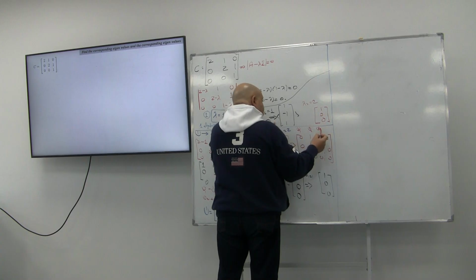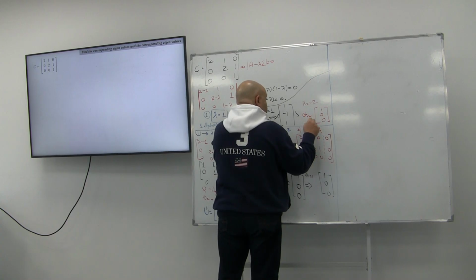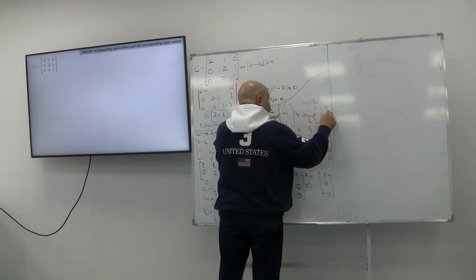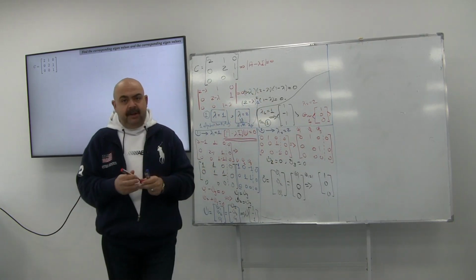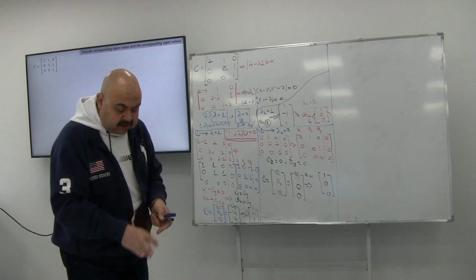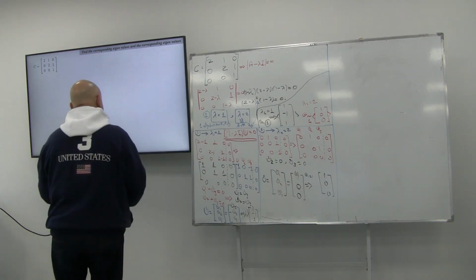This eigenvector is also of geometric multiplicity equal to 1, because there is just one vector forming a basis for this eigenspace that I told you about.